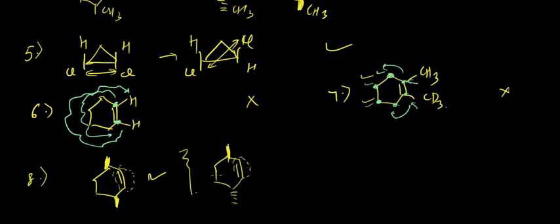Because on one side of this carbon bond and on the other side, the configuration of this carbon atom is changing. Previously it was towards my face, now it is away from my face.